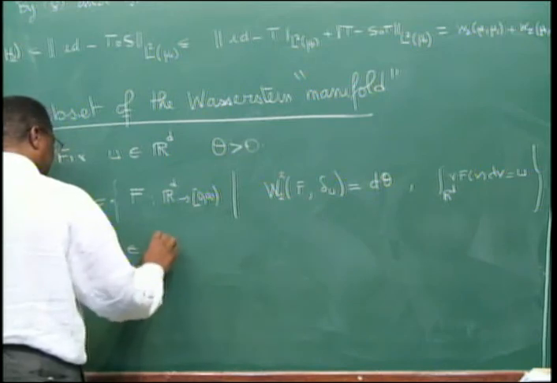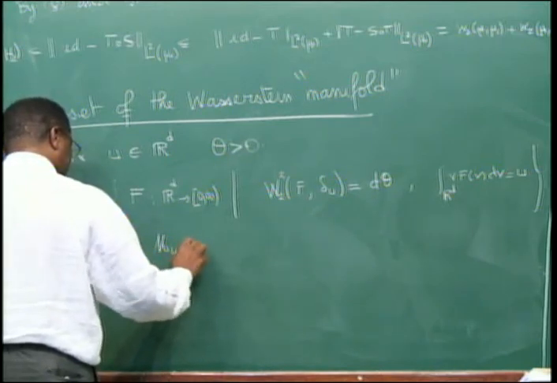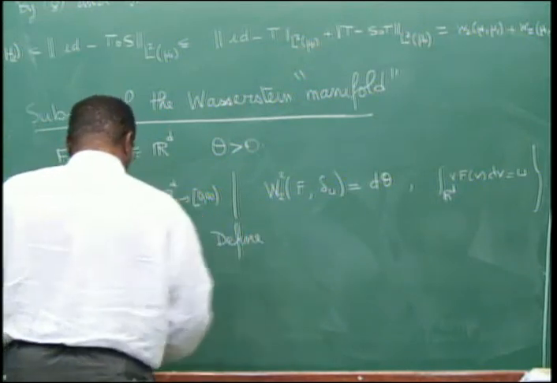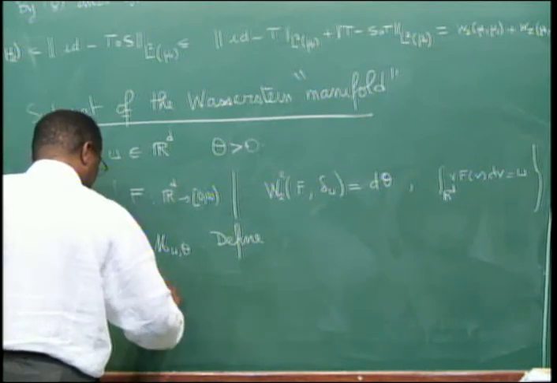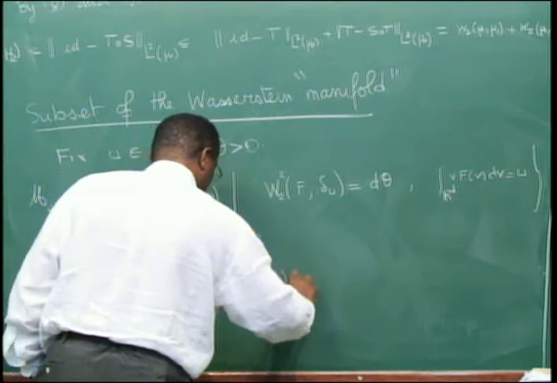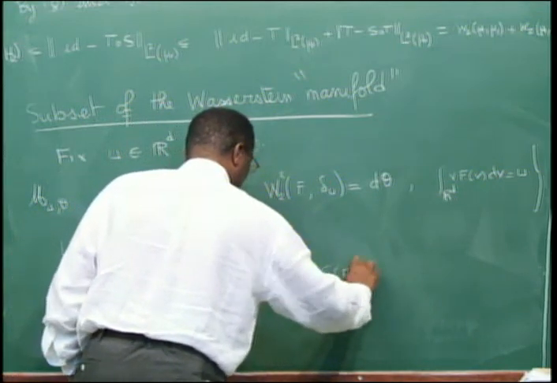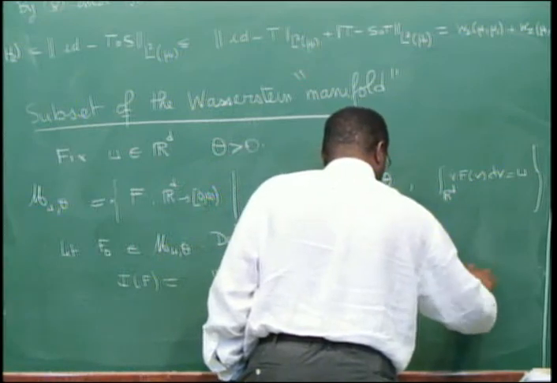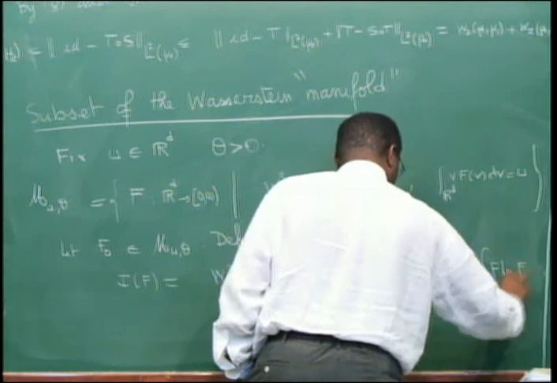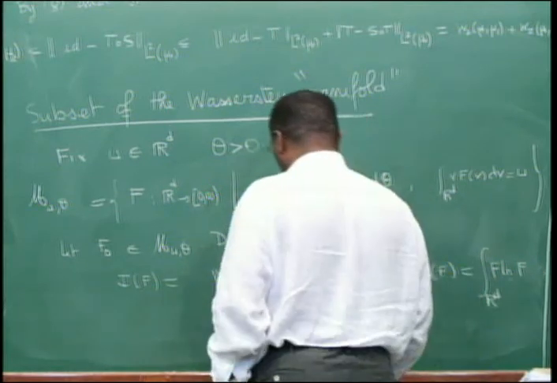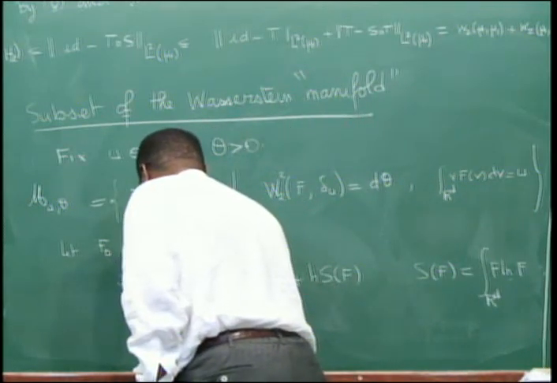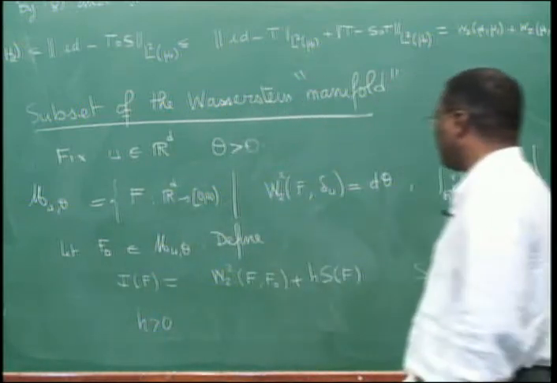Take F naught in M U theta and define I of F to be the Wasserstein distance between F naught plus H, S of F, where S of F is the integral of F log of F over R^D. And H is something which is positive.